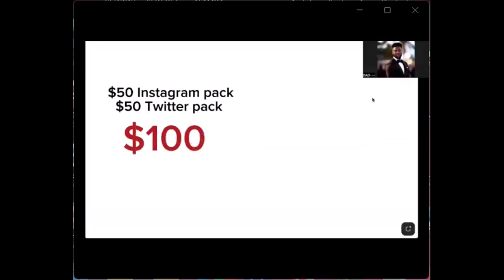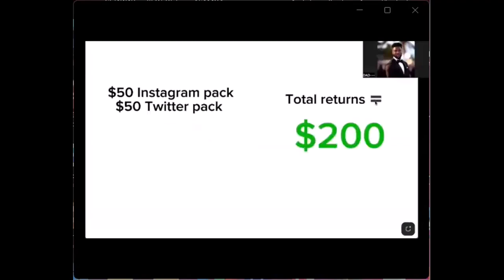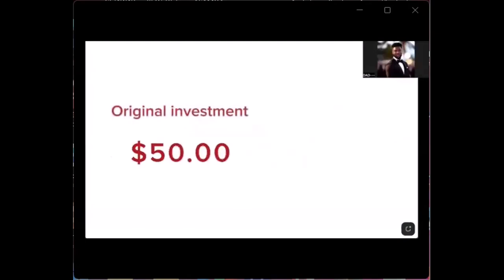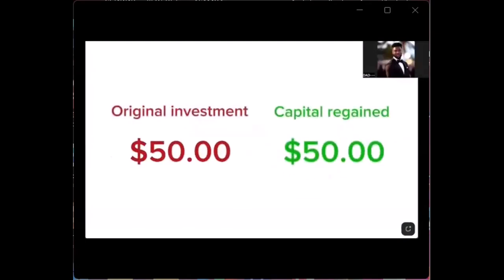So now, with $100 invested, your total returns will be $200, giving you a $100 profit on top of your initial capital. But think about it. You started with just $50 and now you're on track to earn $200. This is because your initial $50 brought back your capital over time. And by purchasing an additional pack, you made a wise decision to maximize your daily returns.